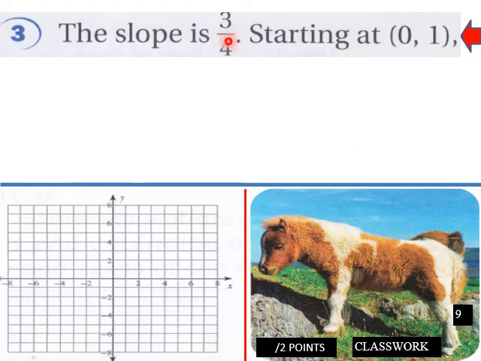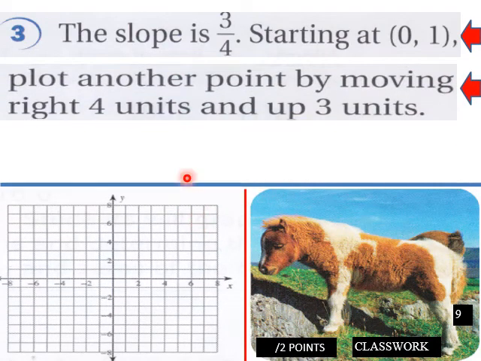The slope is 3/4, so we can do it this way. Starting at (0, 1), rise over run, so you go 3 up and 4 over. Plot another point by moving right 4 units, then up 3.